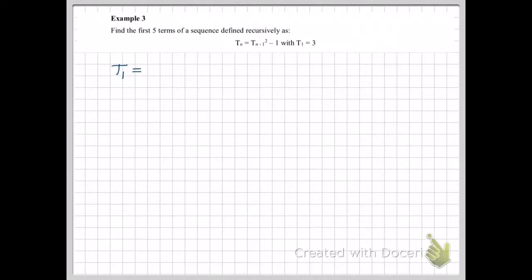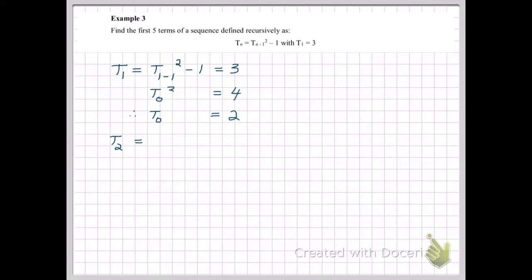So first of all, we know that t1 equals 3, but if we replace n with 1 in the sequence, we can also write t(1 minus 1) squared minus 1 equals 3. And of course 1 minus 1 is 0, so that means the initial term t0 squared will equal 4. We add 1 to both sides, and then we find the square root of 4, and that gives us t0 equals 2.